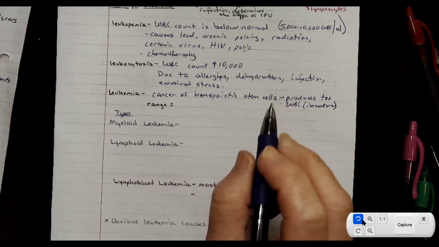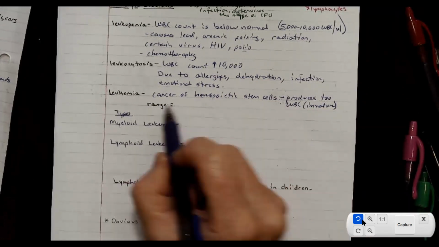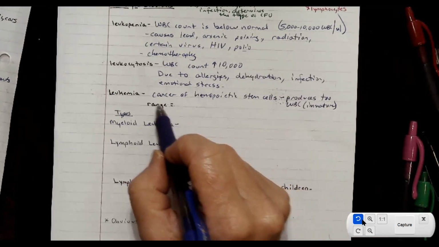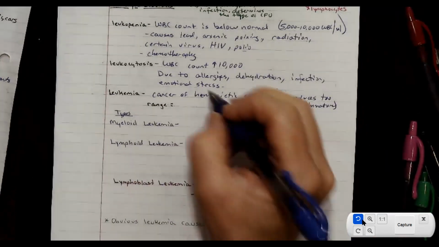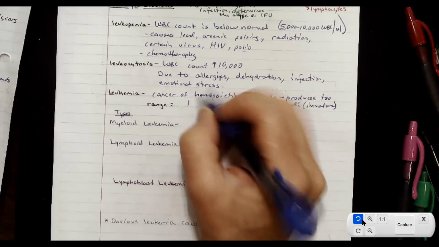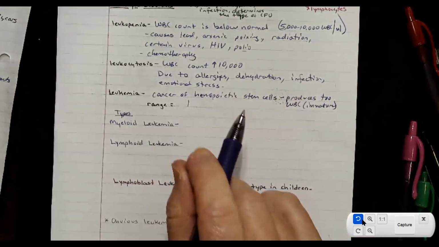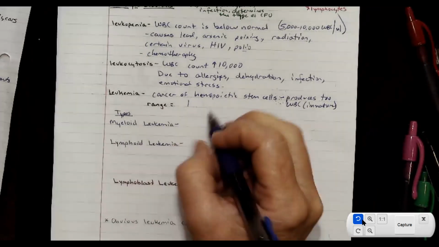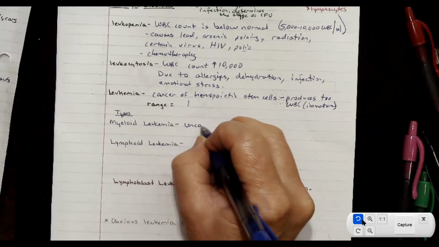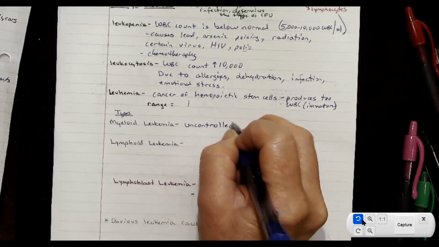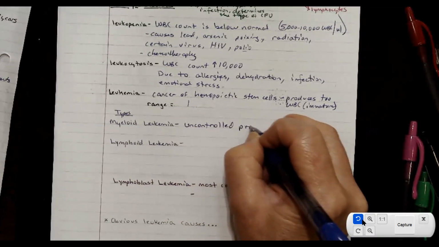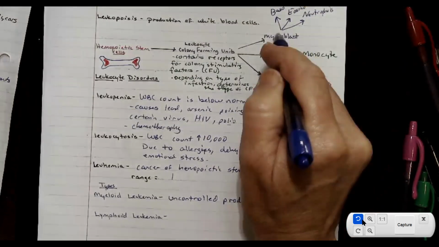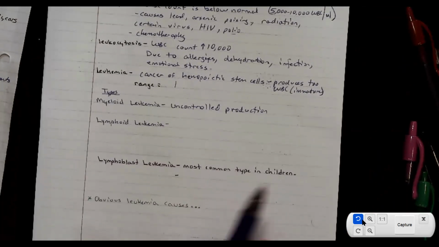The normal range, that's what I meant to put here, is 5,000 to 10,000. So if it's greater than 10,000, then there's a problem. There's 2 types of leukemia: myeloid leukemia, and this is uncontrolled production of myeloblasts. So up here, the myeloblasts that we talked about, it's when you have uncontrolled production.